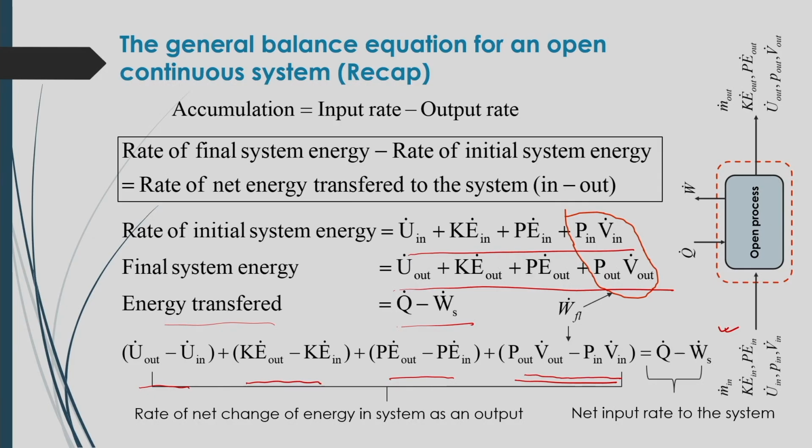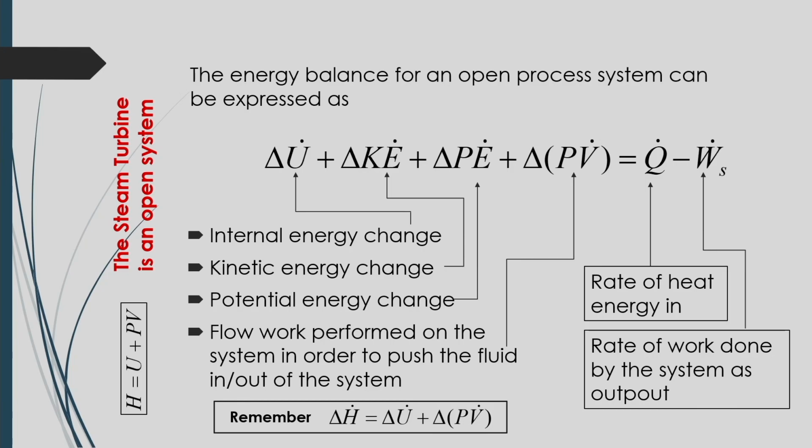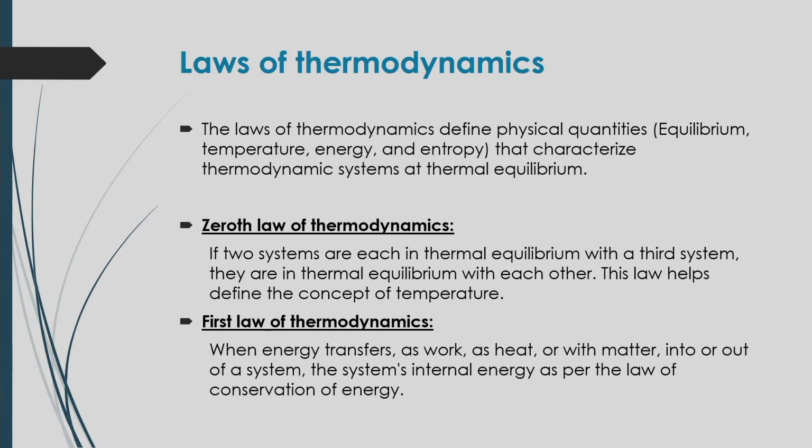So, the net input rate to the system will change the rate of net change of energy in the system as an output. Now, the energy balance for an open process system can also be expressed by this equation in different forms. So, delta U dot plus delta KE dot plus delta PE dot plus delta PV dot will be equal to Q dot minus W dot.